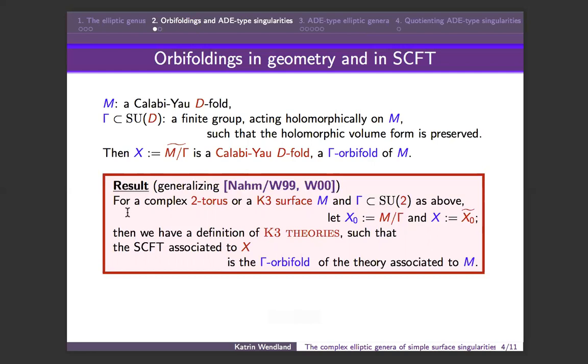And we can show that indeed, in the case d equal 2, where there are only two types of complex Calabi-Yau d-folds, namely the 2-torus and the K3 surface, with all the notations that I introduced above, it is true that the superconformal field theory associated to the geometric gamma orbifold agrees with the conformal field theoretic gamma orbifold of a theory associated to the non-orbifolded manifold.